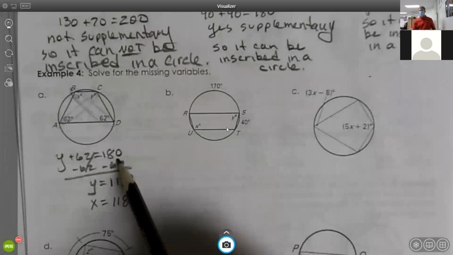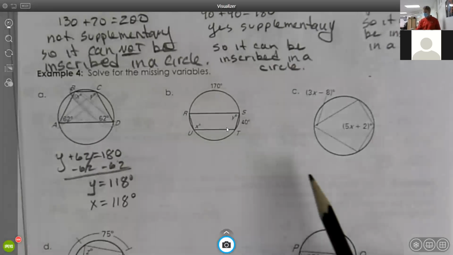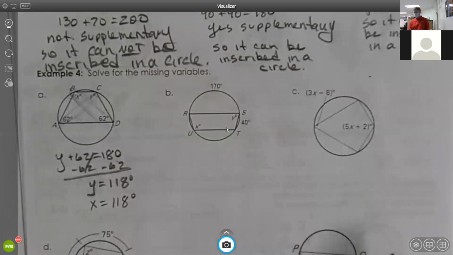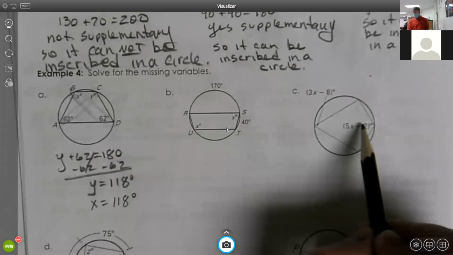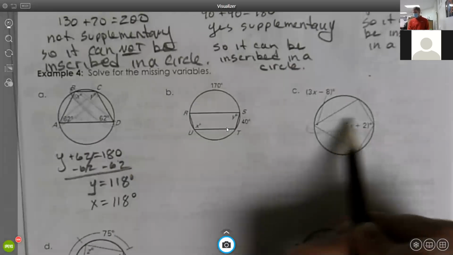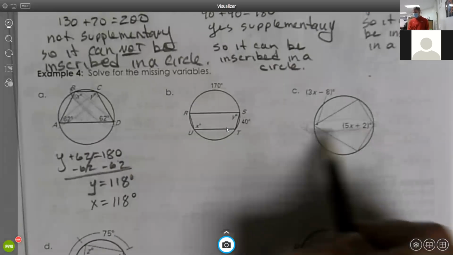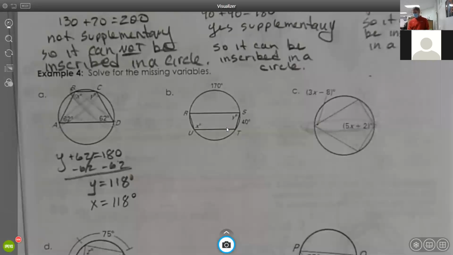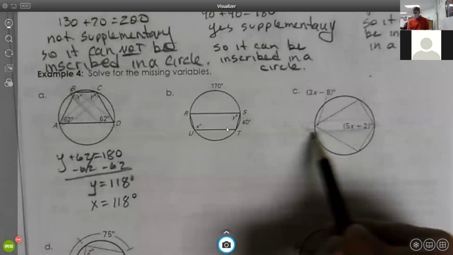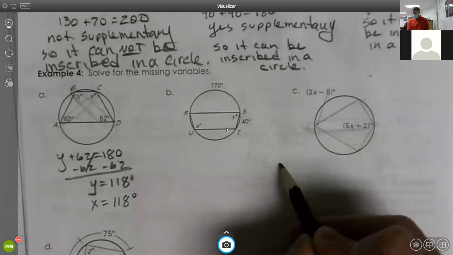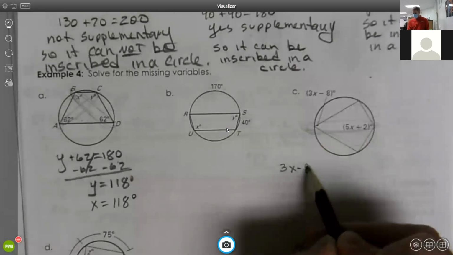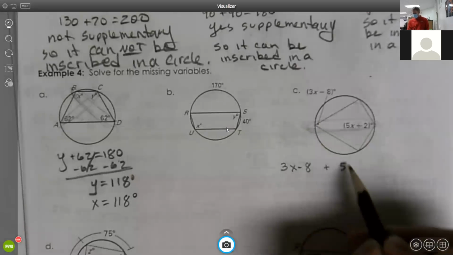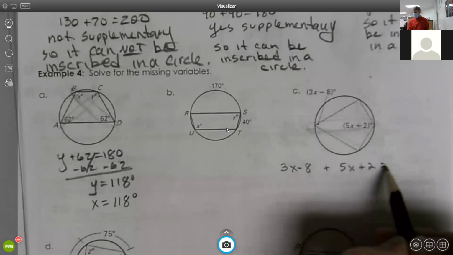So let's jump over to letter C next. That's probably the next easiest one. And the opposite angles, again, this is a quadrilateral. It's touching the sides of the circle. So opposite angles are supplementary. That means the opposite angles will add together to equal 180 degrees.